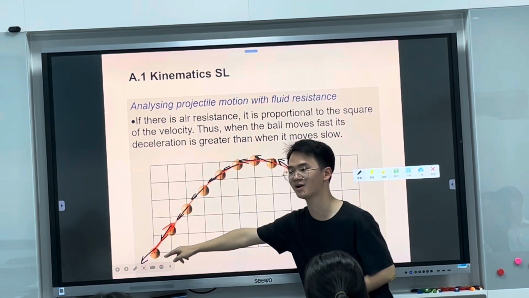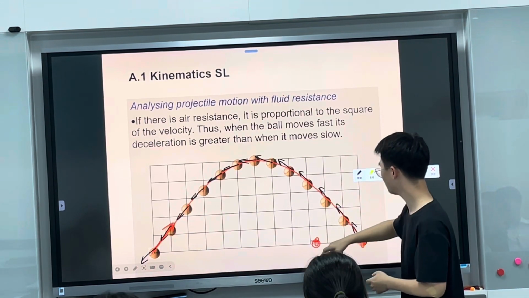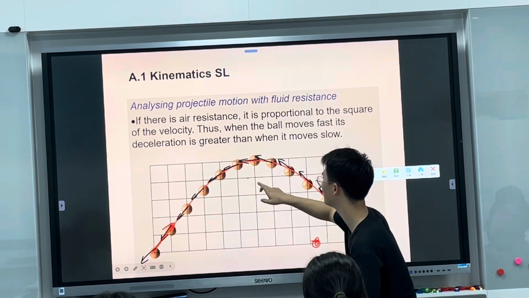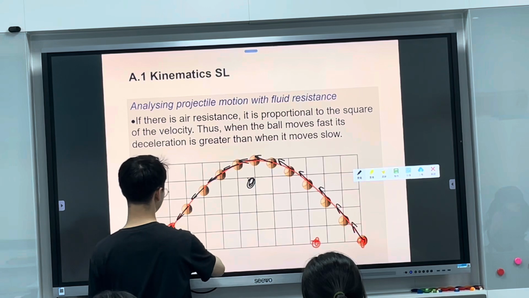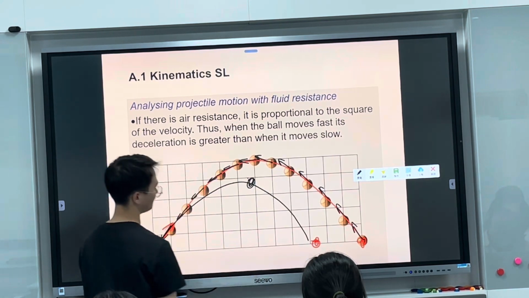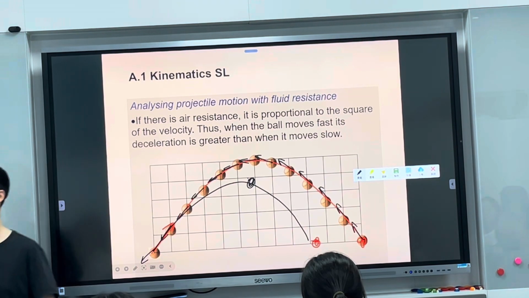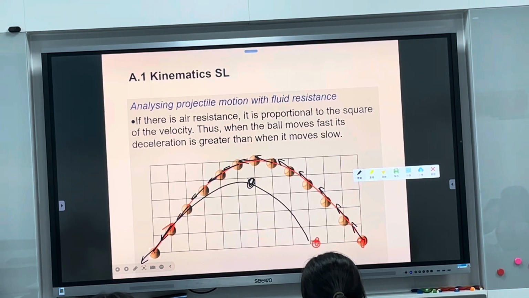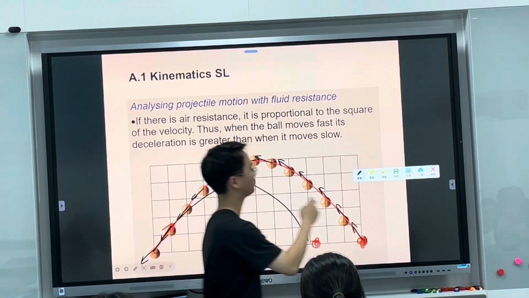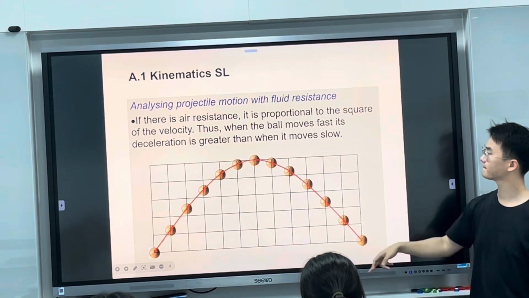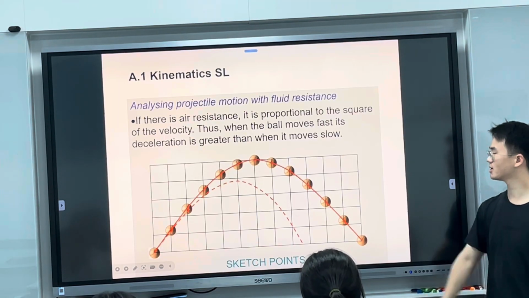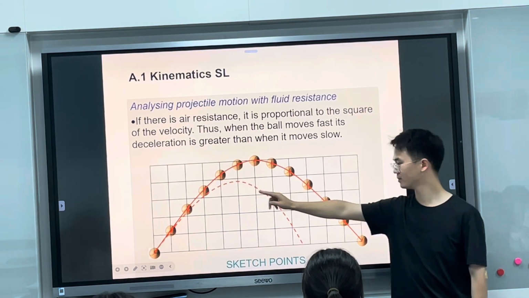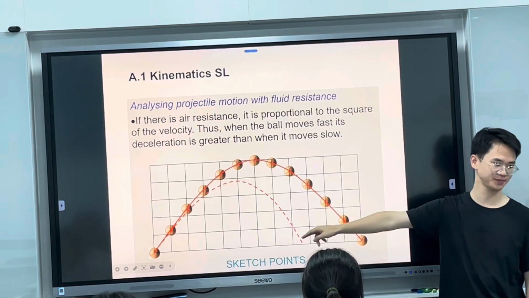So can you reach the maximum height? No. It cannot reach the same maximum height. So maybe here and here, then you're going to have a trajectory kind of like that. Does that make sense? Questions? You're not going to reach the maximum height, and you're not going to reach the maximum range.